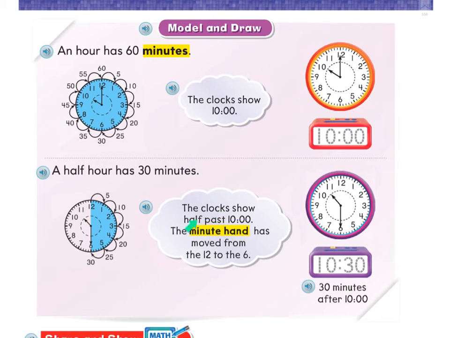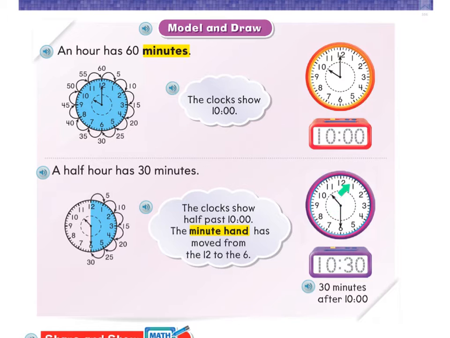The clocks show 10:30. The minute hand has moved from the 12 to the 6. So there again, we see the hour hand between the 10 and the 11, and our minute hand is pointing straight down. Remember, you have to go for the lesser number when you're doing the hour. There's only one exception.